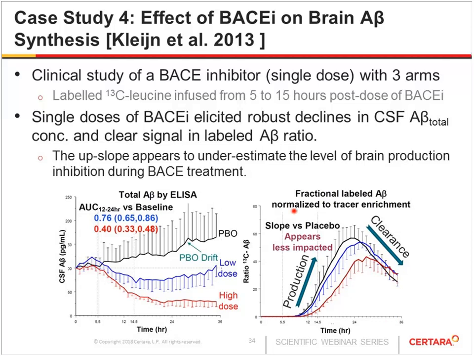It's something we haven't gone over yet, but typically the upslope of that tracer to tracee ratio curve should relate to the production or the synthesis rate of that particular biomarker, in this case the A beta. And the downswing of that curve relates to the clearance of that biomarker. We could see that there was an effect on those curves as well, and again there was a dose relationship, with the high dose having the biggest effect in both the concentrations and the rates of synthesis.